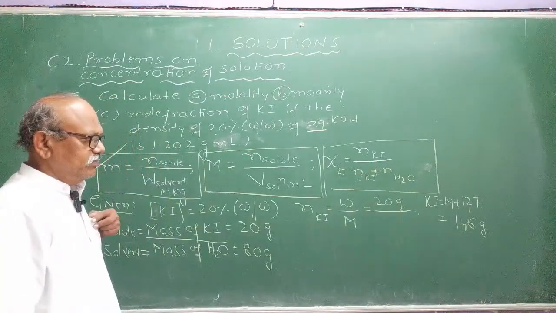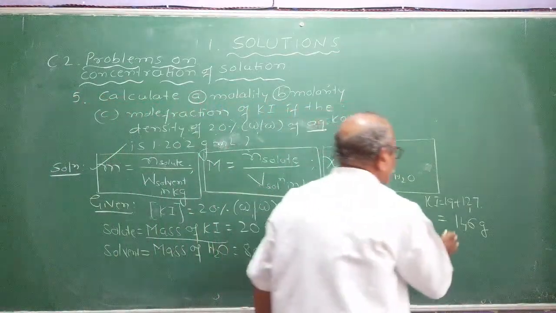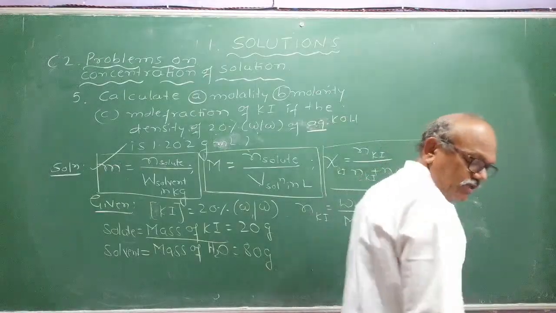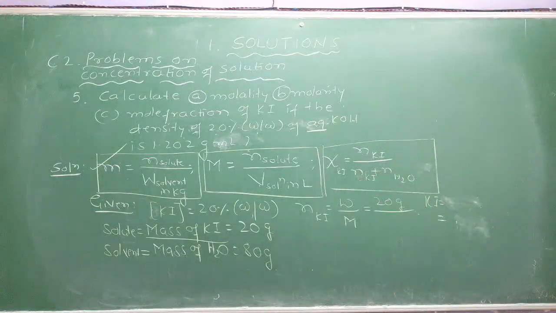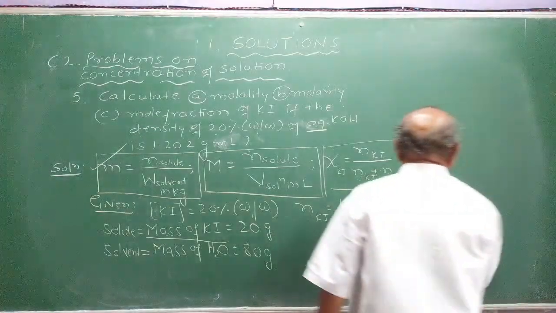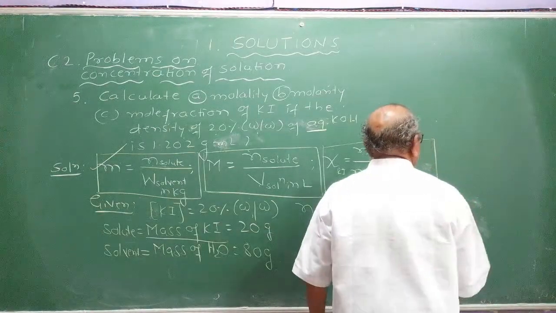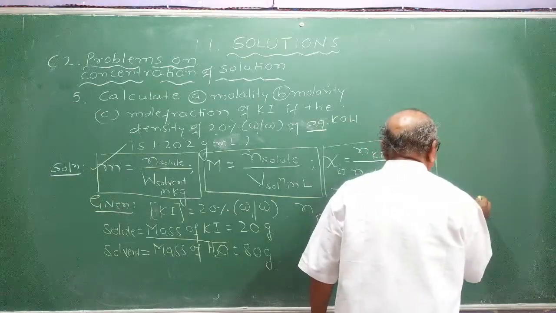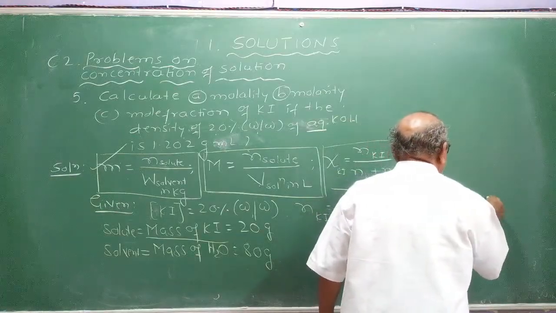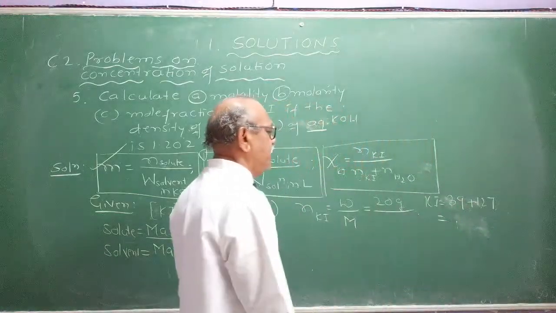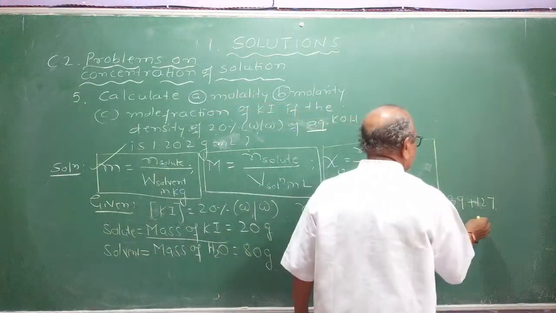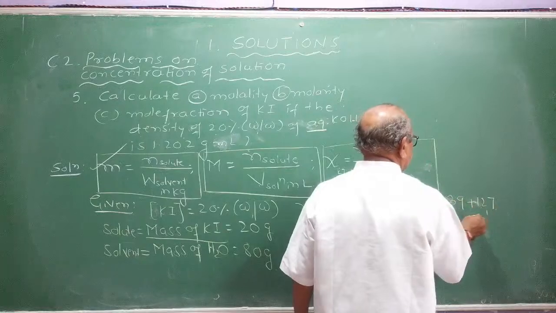Atomic mass of potassium, you take 39, or even you can take 40 also, plus 127. Atomic number of potassium is 19. Add them. 9 plus 7 is 16, carry 1. 3 plus 3 is 6.